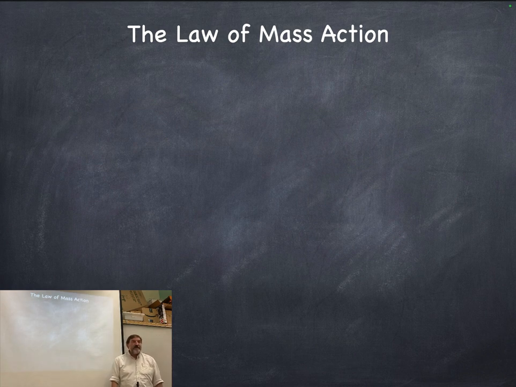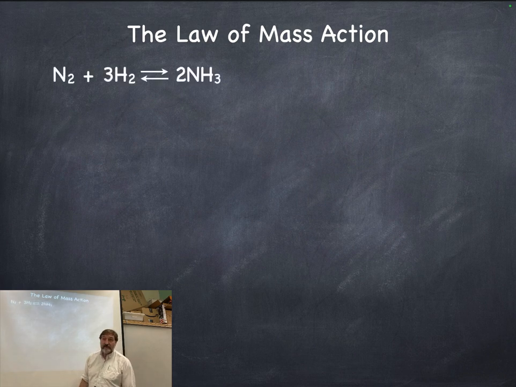All right? The nice thing here is that the law of mass action is simply a mathematical ratio that we derive from the balanced chemical equation. In our reaction of ammonia, the production of ammonia from nitrogen and hydrogen, we can write the law of mass action by taking the concentration of the products and using the coefficient as an exponent.